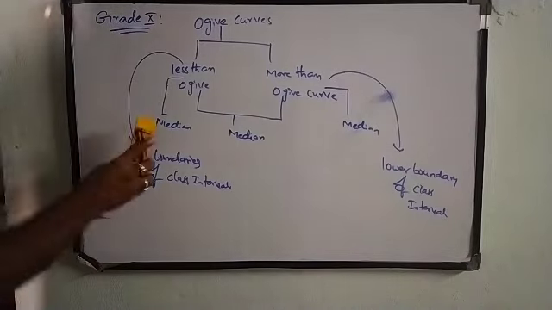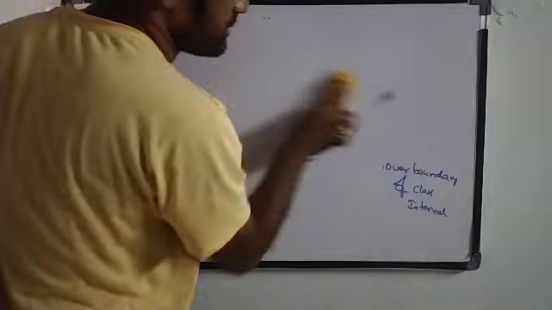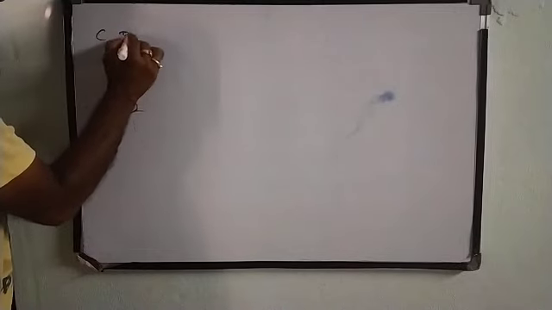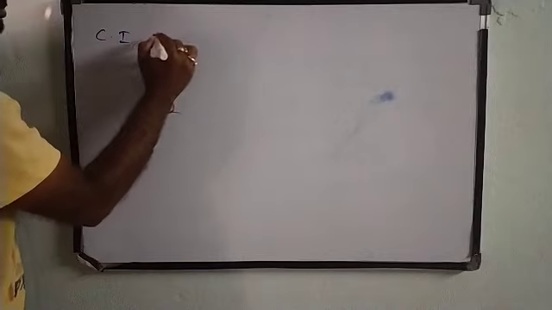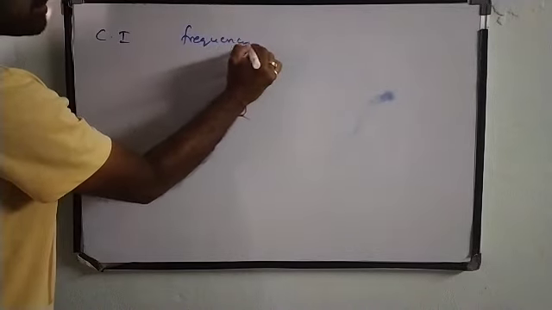Now let us take a question and let us see how the less than OG curve is obtained. So the class intervals and the frequency.